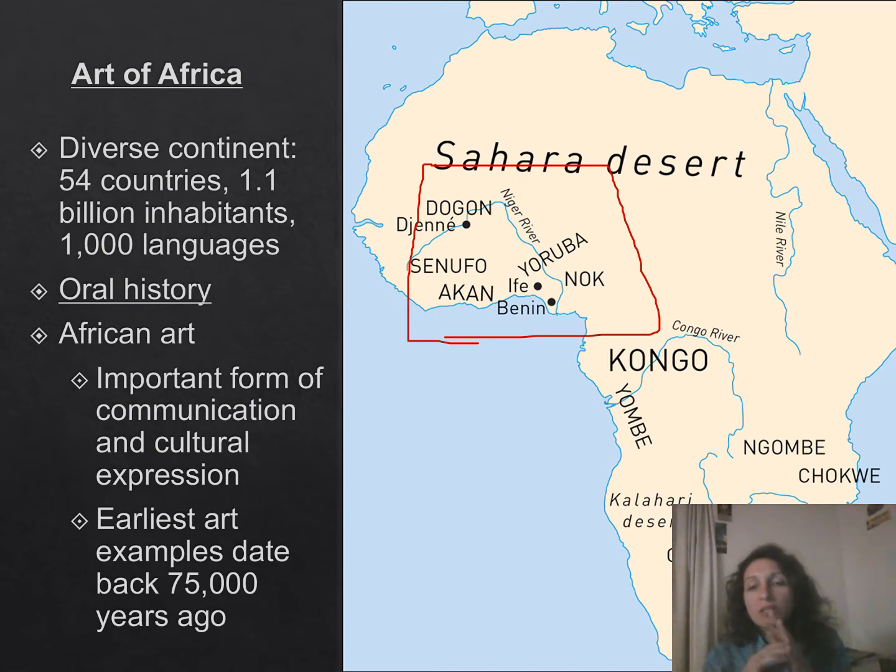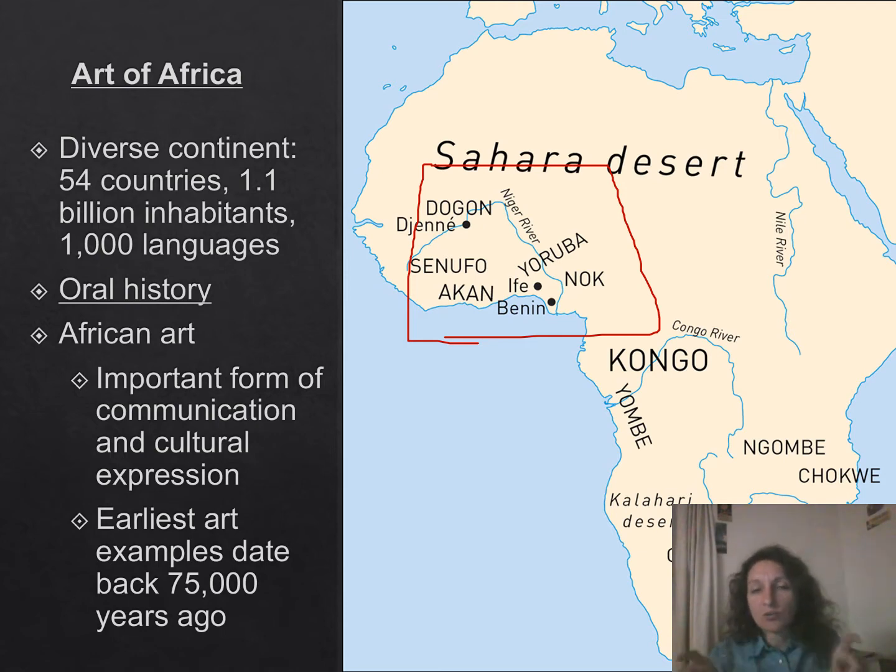Africa is incredibly diverse in the amount of cultures that are there. Technically, it has a significant amount of countries today, but each of those countries would have smaller subcultures and smaller groups within them, which would have their own languages, their own history, their own priorities in the art that they're making.